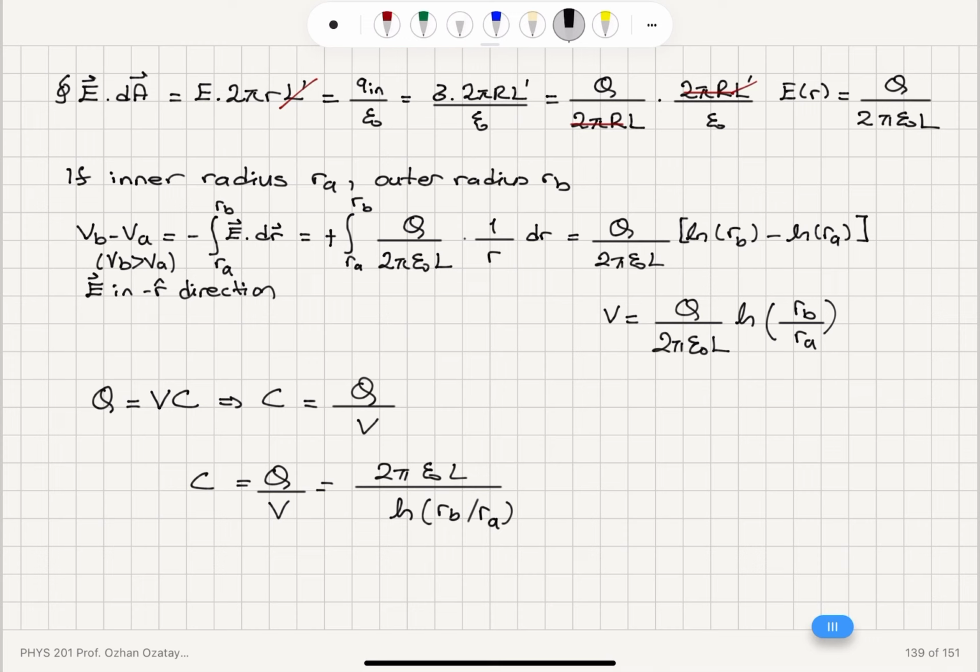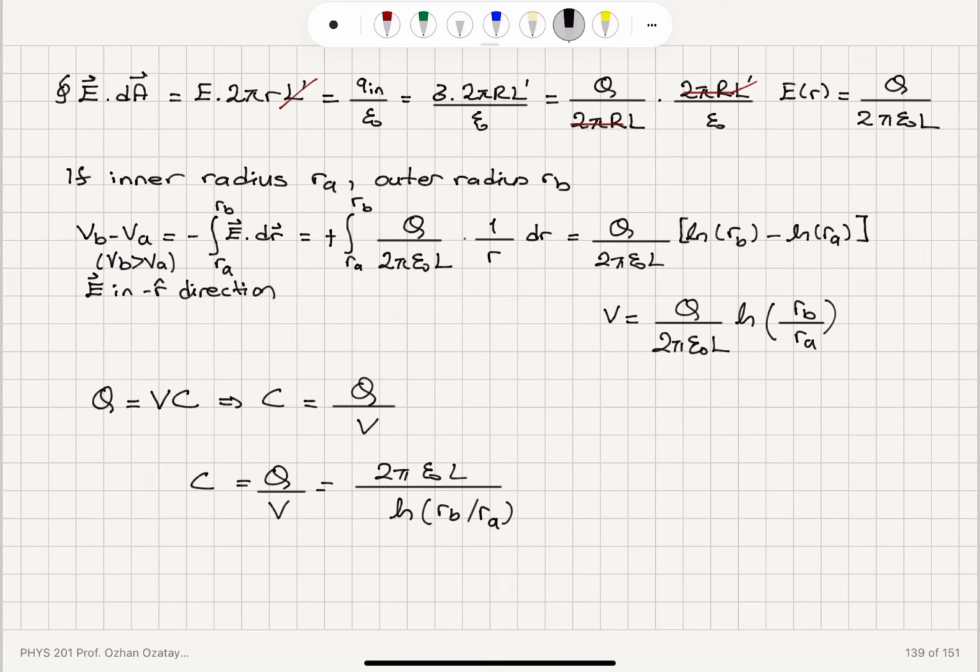Now, this is the capacitance normally we have between a solid conducting cylinder and an outside hollow cylinder, both conductors carrying surface charges: positive surface charges on the outside cylinder, negative charges on the inside cylinder.